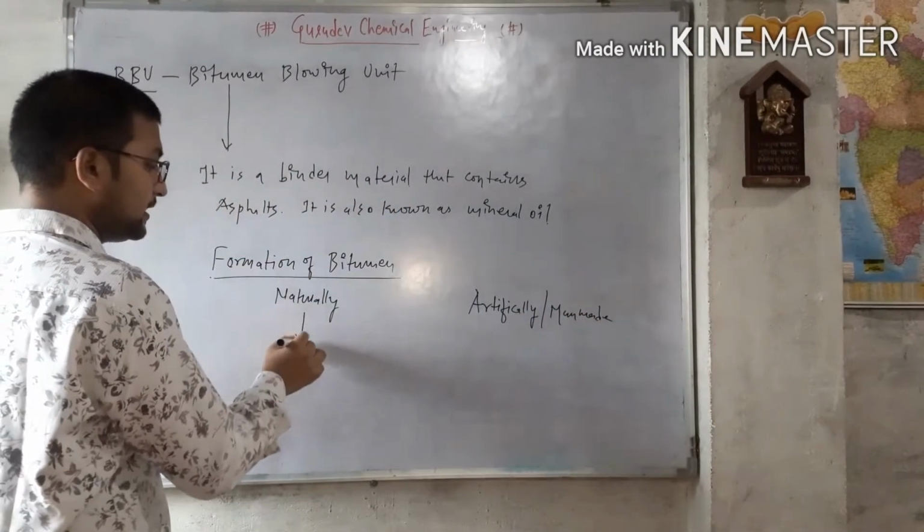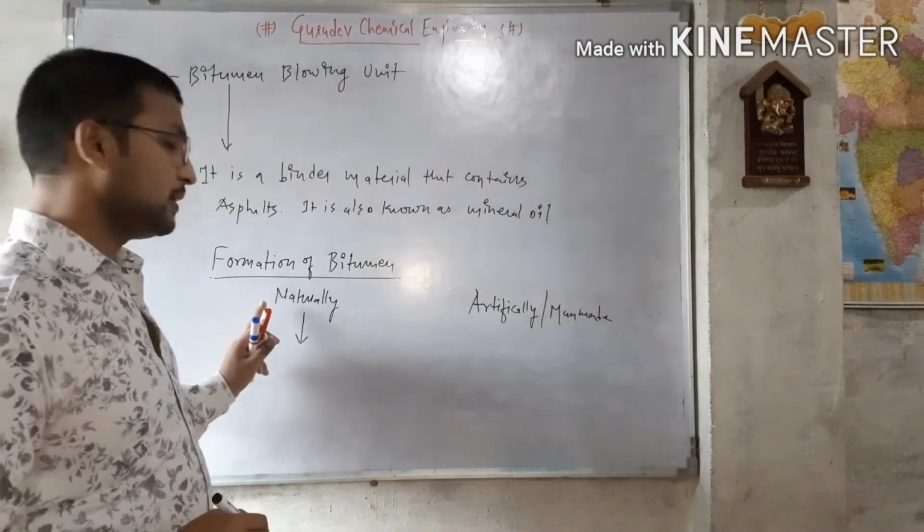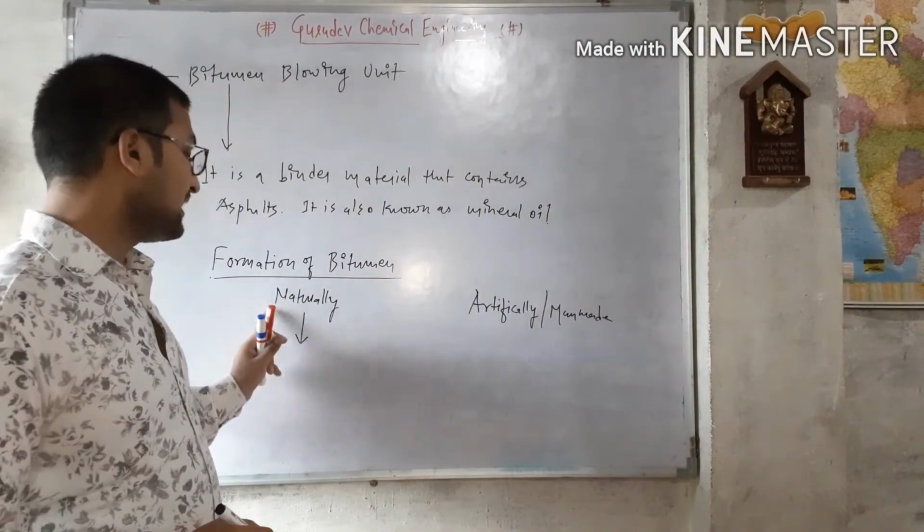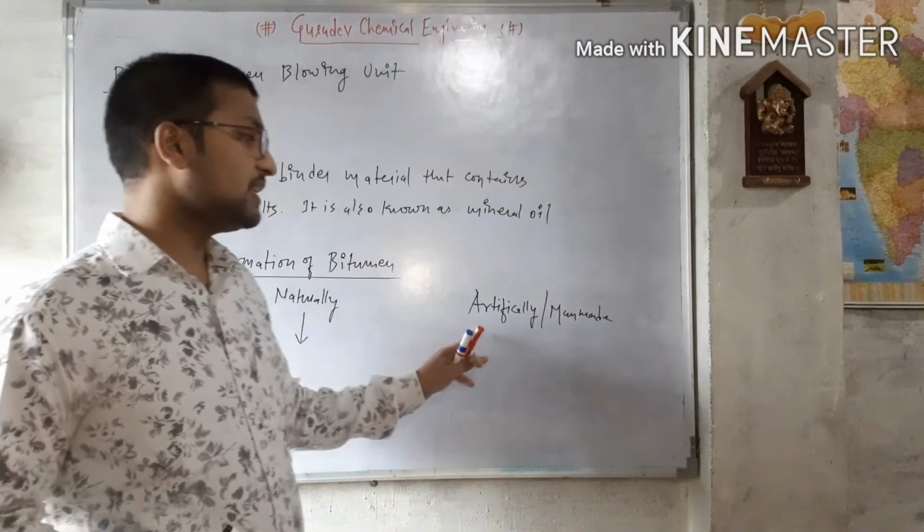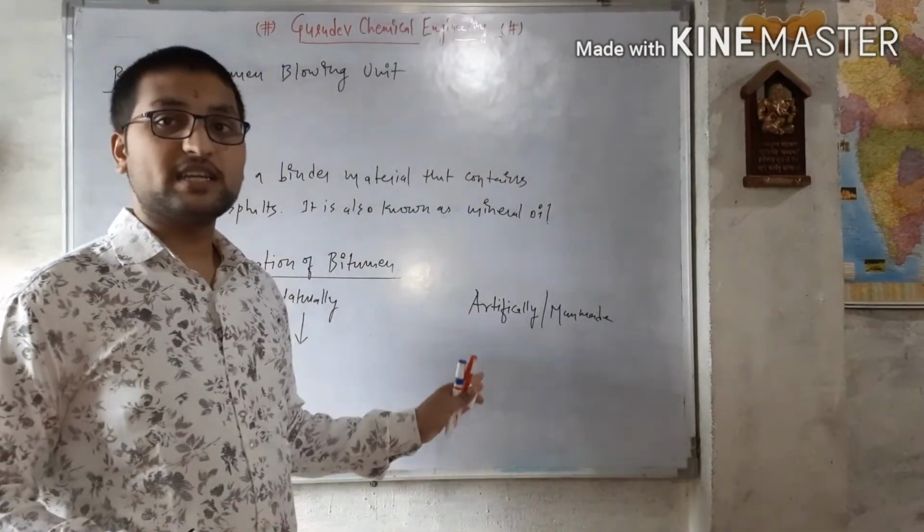Natural bitumen occurs in nature, and artificial bitumen is produced using natural bitumen.